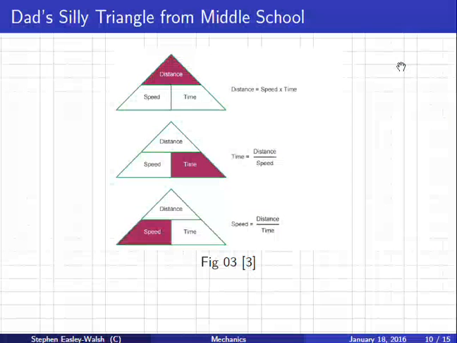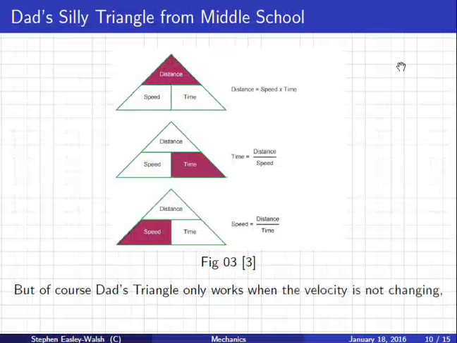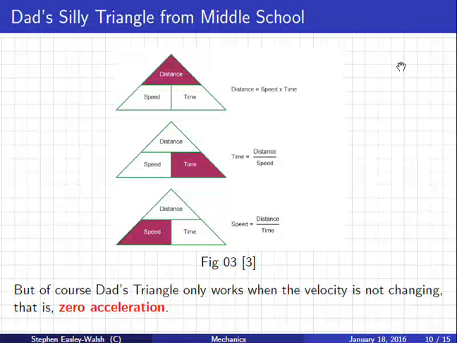Displacement can be positive or negative, but distance is only positive.